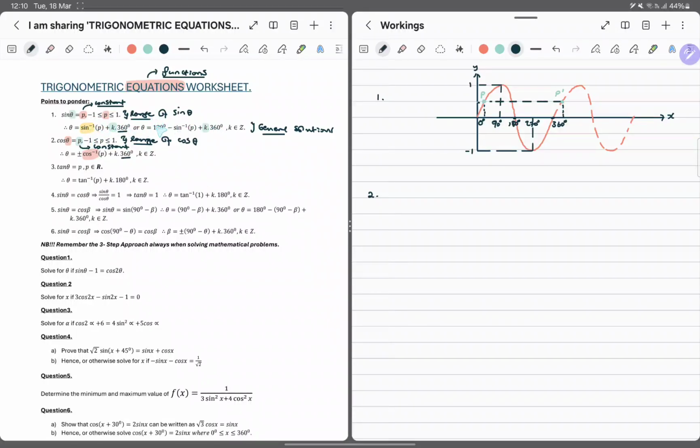And the same situation here is saying 180 minus the arc sine, meaning this angle right here will only repeat its value after a period of 360 degrees, no matter how many revolutions we want to look at. So the same here. This one is much shorter. Just say plus or minus the arc cos of p plus k times 360 degrees, where k is an element of integers. That's again a general solution on its own.